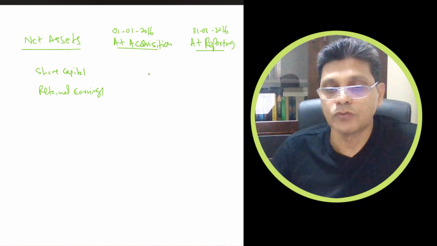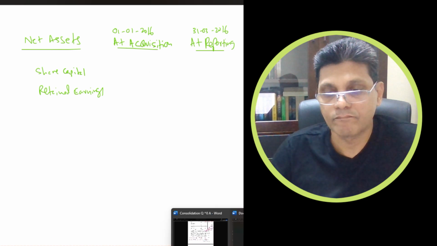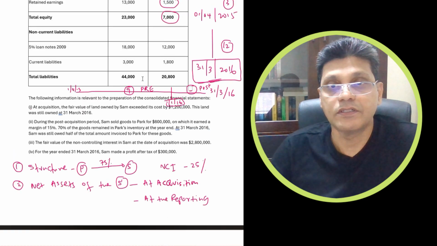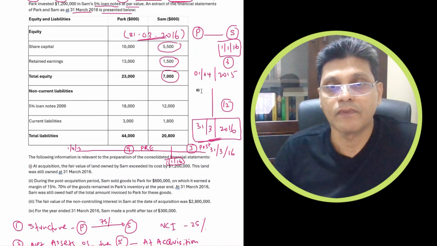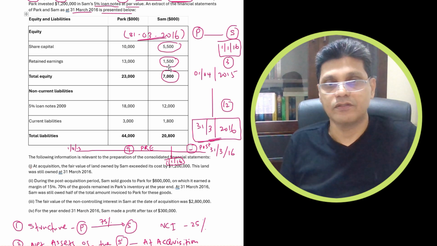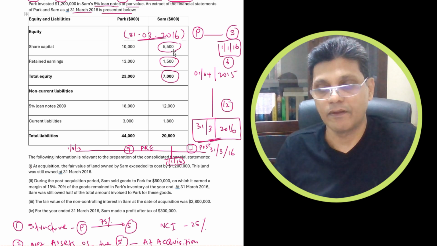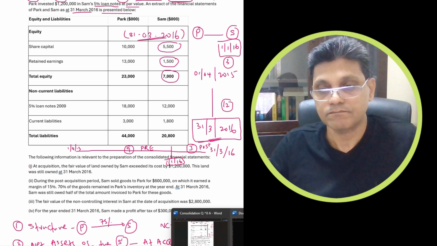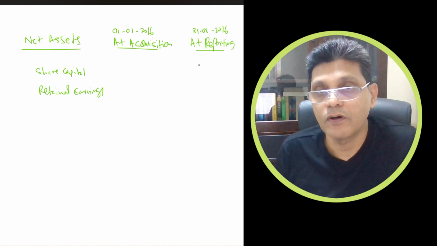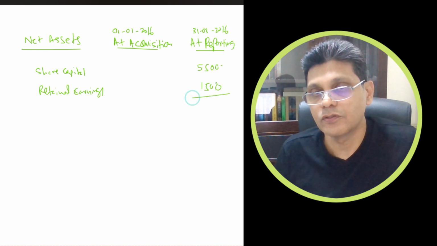How much is the retained earnings? Share capital is 5.5 million and retained earnings are 1.5 million. So this is the total net assets of 7,000.